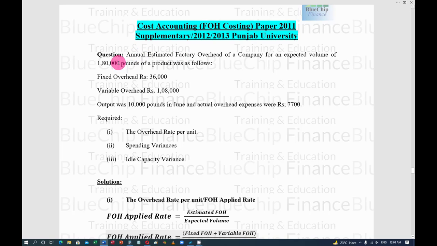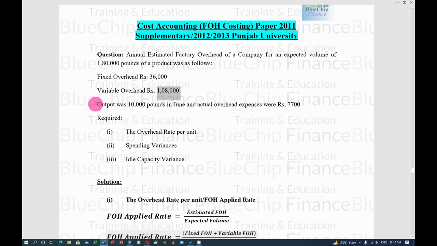Fixed overhead is rupees 36,000 and variable overhead is 108,000. Output was 10,000 pounds in June and actual overhead expenses were rupees 7,700. All this data is related to budgeted: expected volume, so budgeted capacity is 180,000, budgeted fixed overhead is 36,000 and budgeted variable overhead is 108,000.